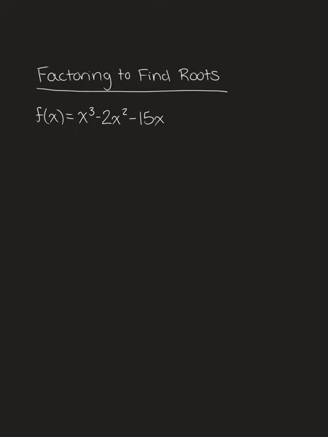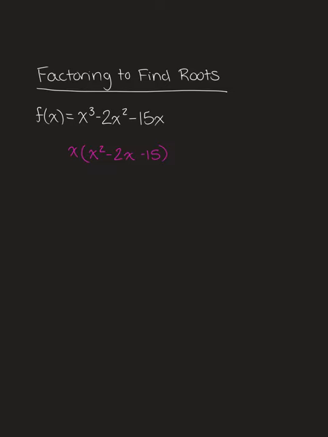Getting a little bit more difficult, we can also find the roots by factoring. Factoring is coming back. So if you are not comfortable factoring, please send me an email and I can definitely help you out. But we are going to find the roots by factoring x cubed minus 2x squared minus 15x. So we can take out a greatest common factor of x, and that will leave us with x squared minus 2x minus 15.